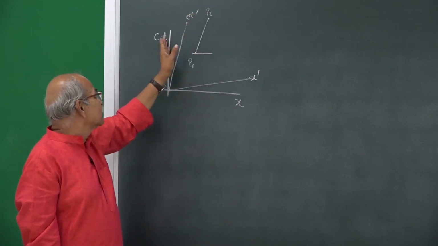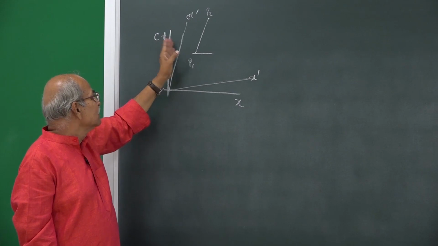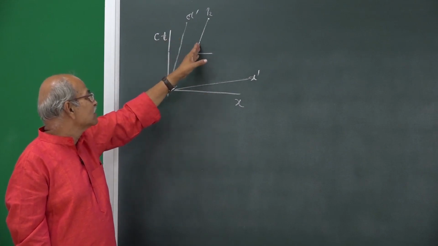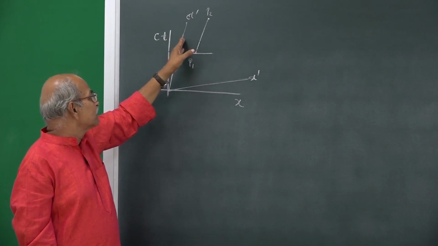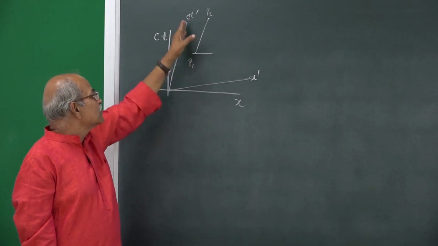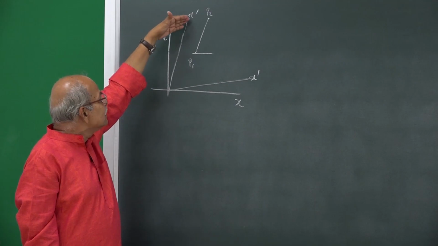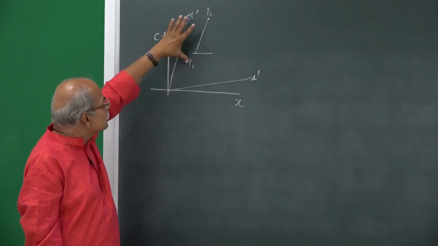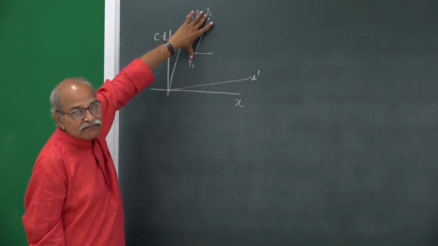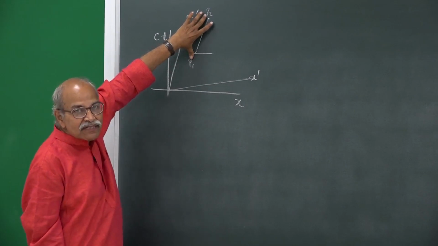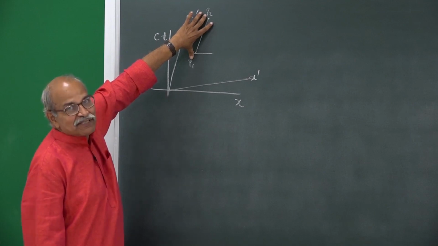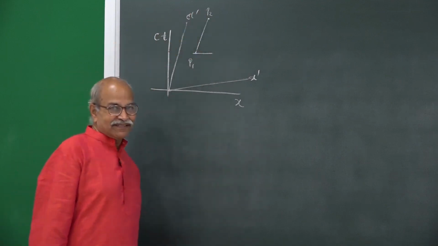That is possible because this angle has to be equal to this angle and less than 45 degrees. So, this can be parallel to this, and for this particular frame where P1 P2 is parallel to this, t prime can change, x prime will not change. So, these two will have same x prime. So, in that frame these two events occurred at the same place and the time interval is proper time interval. From there we derive this time dilation thing.